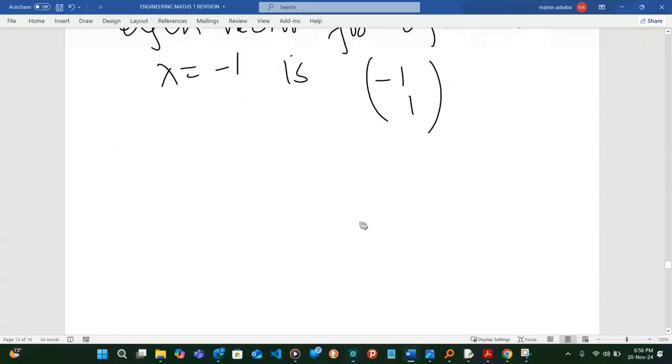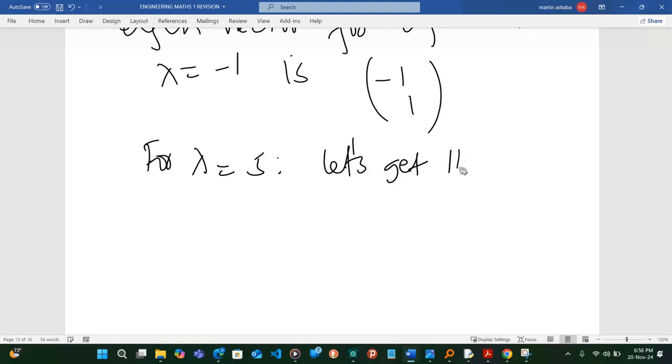So let's look for lambda equal to 5. Let's get the eigenvector for this value.